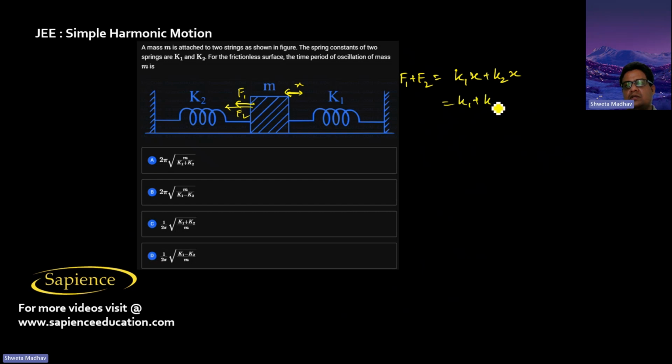K1 plus K2 into x is the net force on it.